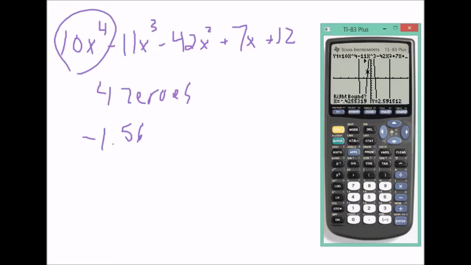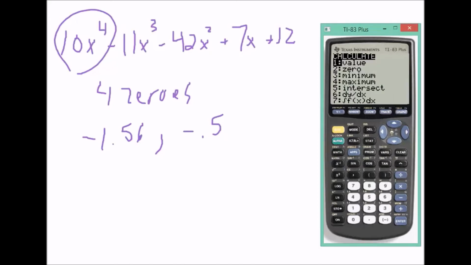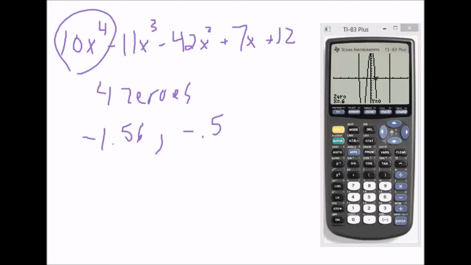And the right of it. Second zero is -0.5. Go for the third one. .6.